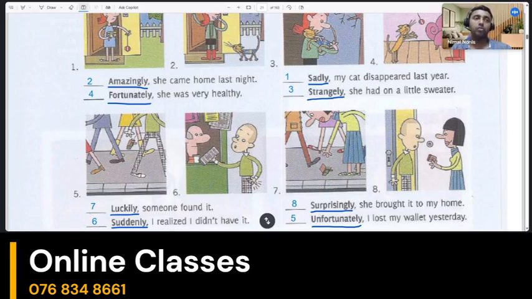You give it to the police, or try to post it to the owner, or give it to an administrator at the railway station. Then the person who lost the wallet would be able to get it back. But you don't go to that person's house and hand over the wallet. So that's a surprising thing. That's why they have used the word surprisingly.